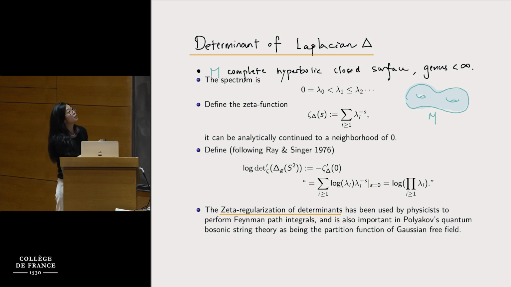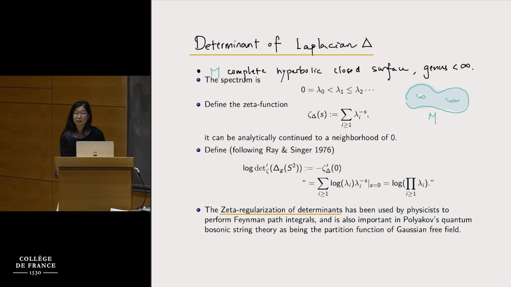Heuristically, if you were allowed to take the derivative of this sum, in a very formal computation you would get log lambda_i times lambda_i to the minus s. Evaluating at s equal to 0, you get the sum, the log of the product of the lambda_i.